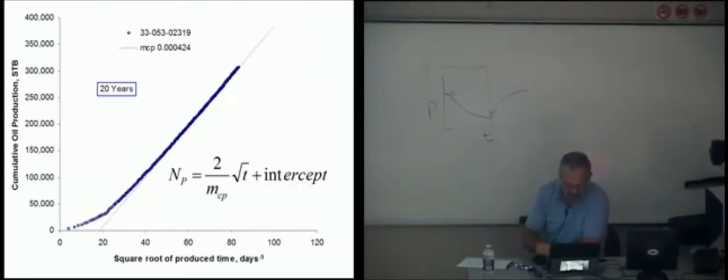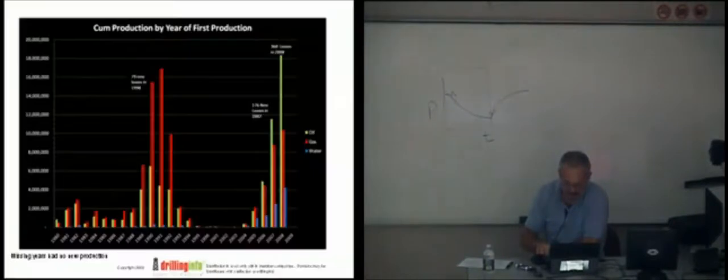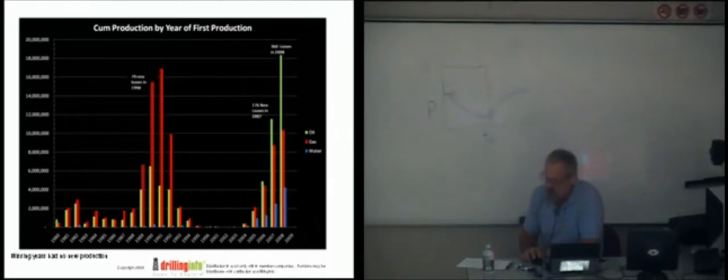I only have this slide because in the Bakken reservoir we had a drilling boom in the 90s. Do you see that spike halfway through the graph? We didn't know how to drill horizontal multi-fracs, and the price went down and all those wells were uneconomical. Then we had another drilling boom starting at the beginning of this century.